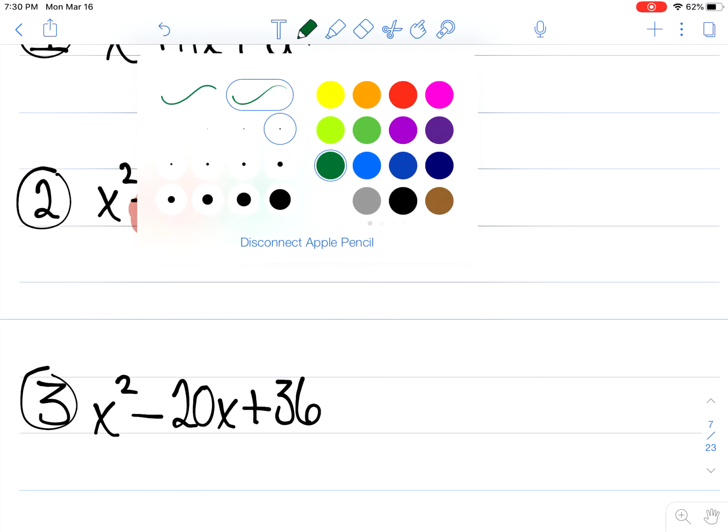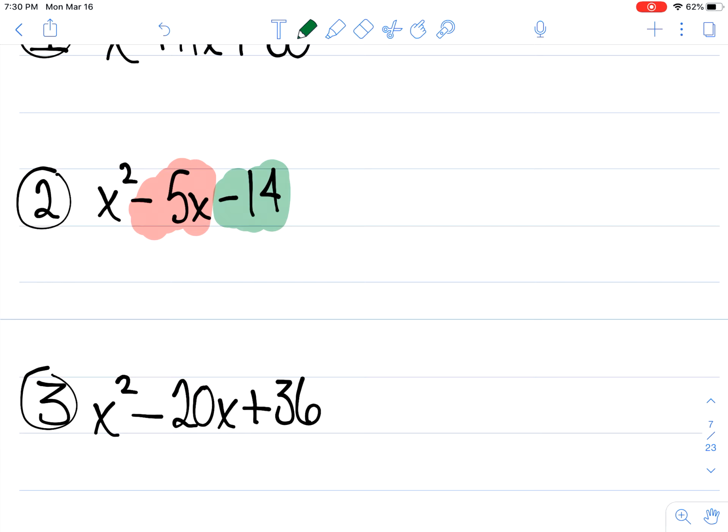So let's start making a list of factor pairs of negative 14. Actually, move that over just a little bit so I can show the sums as well. When you have a negative product, one of the numbers in your pair has to be negative. That's the only way that a product will become negative. A negative times a positive is a negative product.